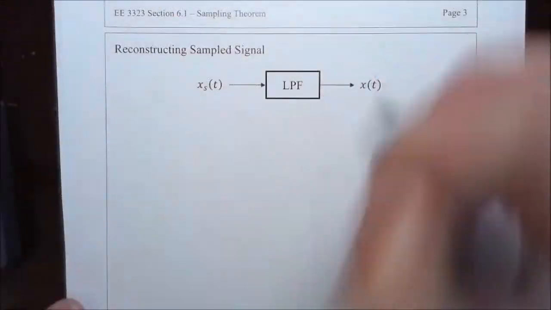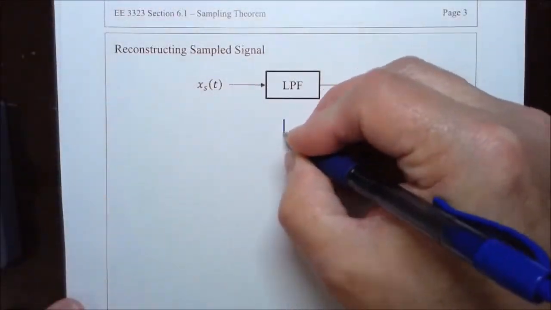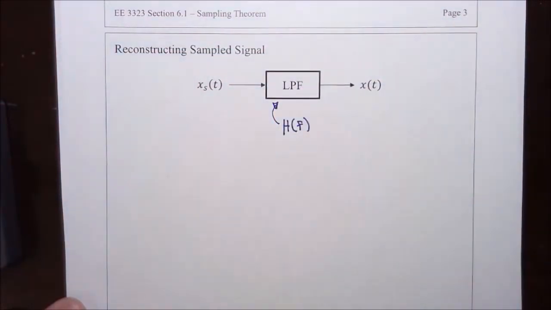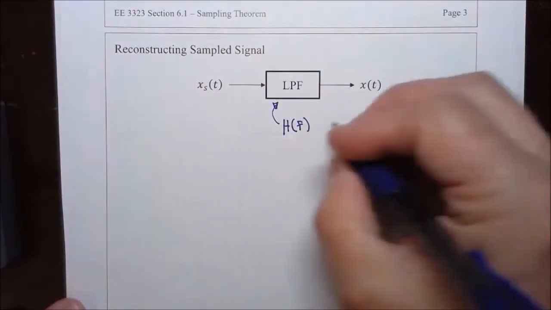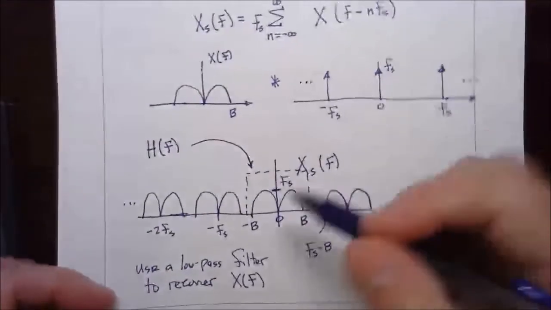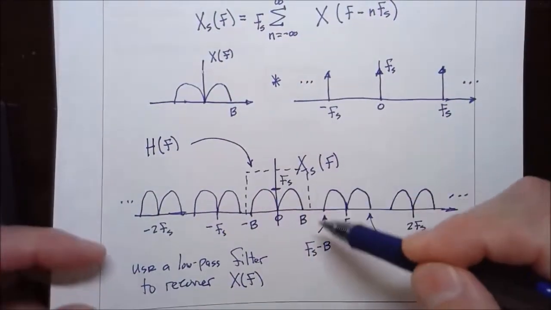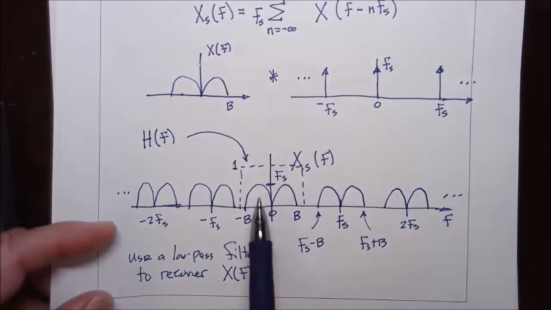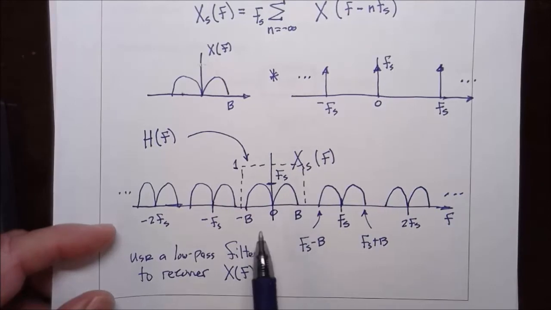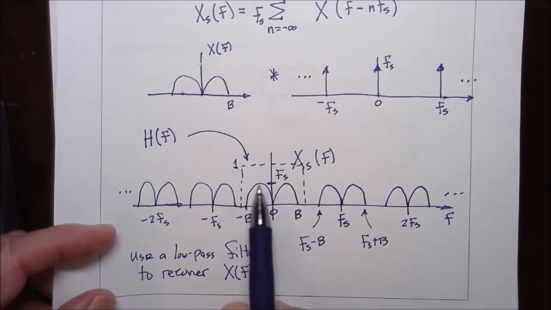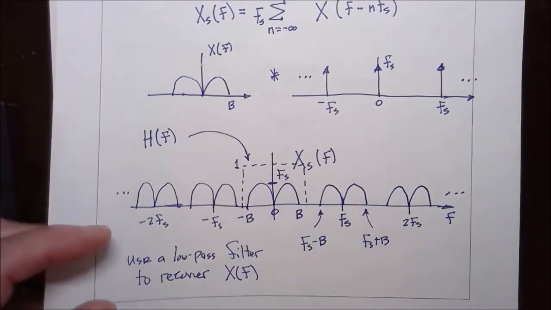We know that the transfer function that we wish to use is going to be, let's use an ideal low-pass filter with a gain of 1, and it's got a bandwidth that, if it were the minimum bandwidth, would be B, so that it would isolate this entire shape.